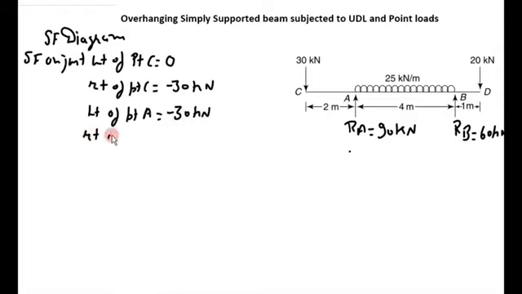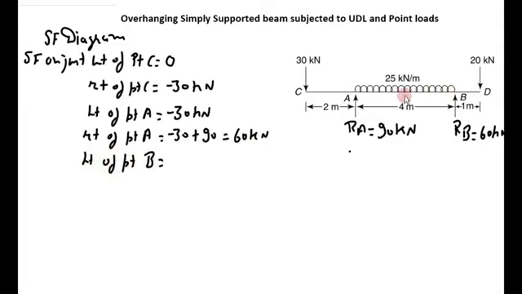Next is just right of point A. Place your finger just right and sum up all leftward forces: minus 30 plus 90, so it becomes 60 kilonewton. Next point is left of point B. On the left of point B there is a force of minus 30, another is plus 90, and the UDL is acting vertically downward, so it is minus 25 kilonewton per meter acting on 4 meter.